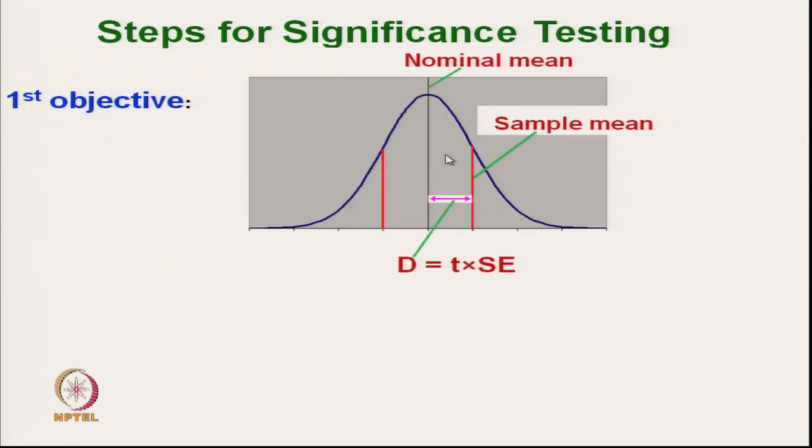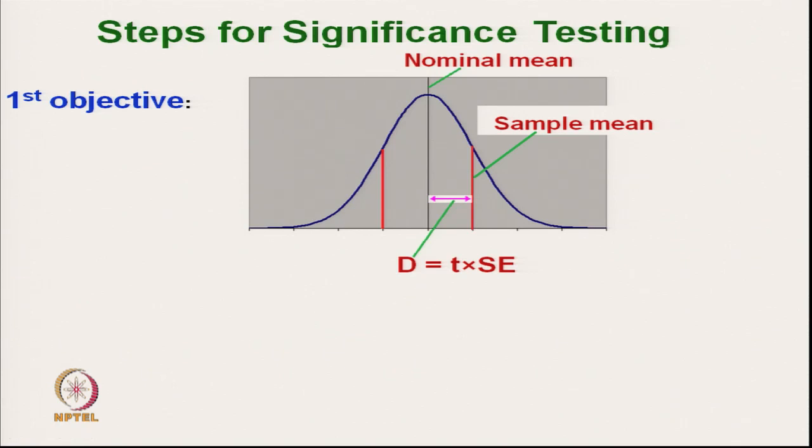Now, this is the sampling distribution. This central one is the nominal mean, our targeted mean of the population. After taking a sample, this one is the sample mean, and this difference in mean is expressed in terms of standard error.